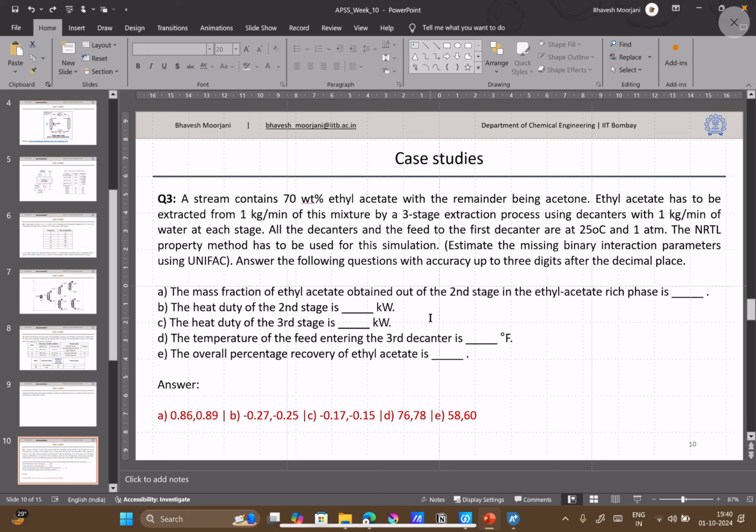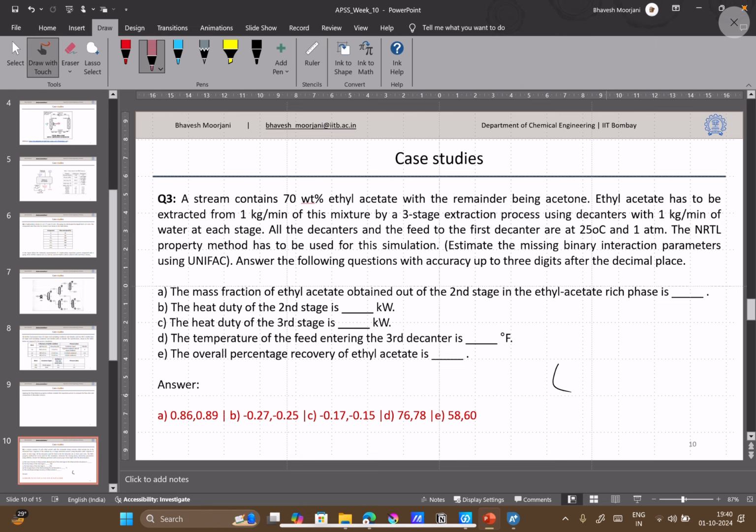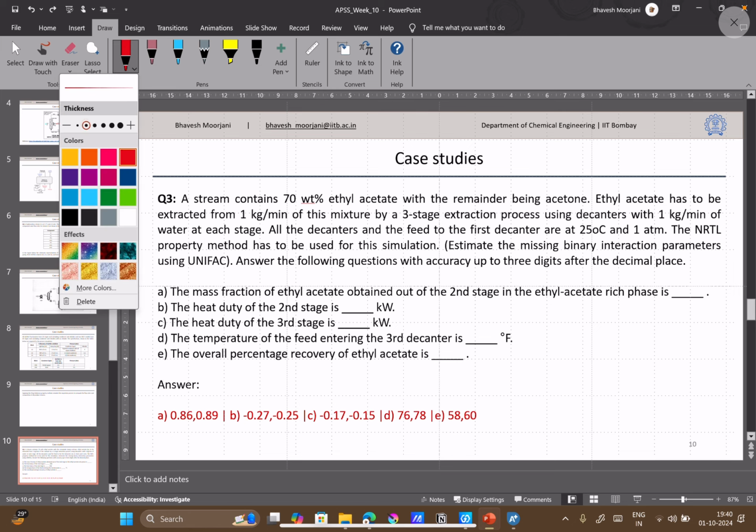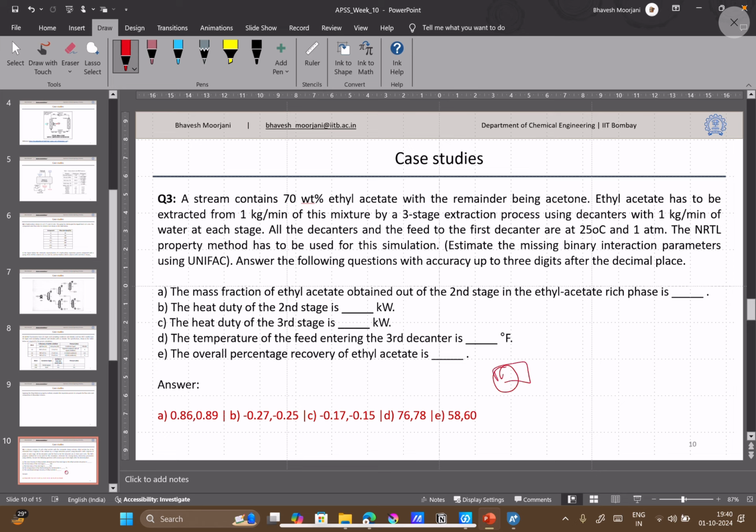So what is happening is you have 3 decanters in a series. Something like this: decanter 1, decanter 2, decanter 3. Your feed is coming. You have your solvent, which is water in this case, also with a flow rate of 1 kg per minute, coming in this series.